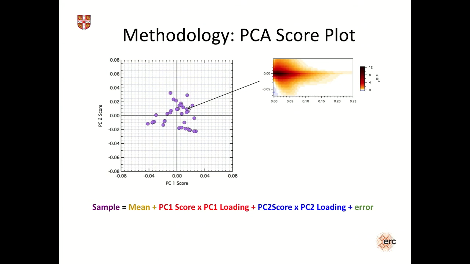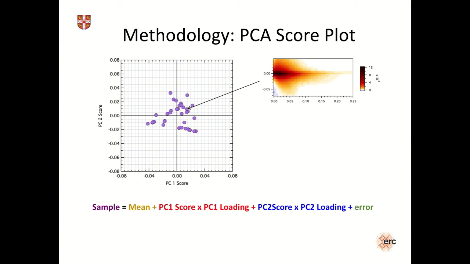And this loading vector is essentially equivalent to a one-dimensional fork diagram. So it works out these loading vectors and these scores. Any fork diagram can now be described as the average fork diagram plus a PC score times this vector, plus a PC score times this vector, and some error, which will be mainly noise.